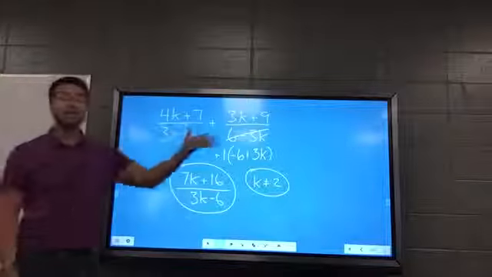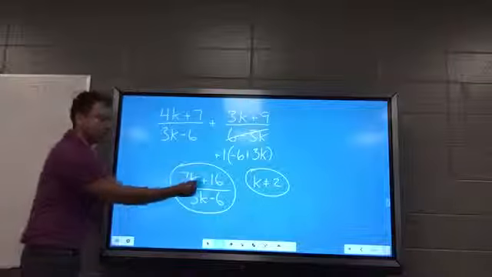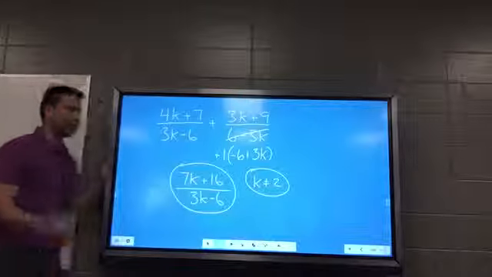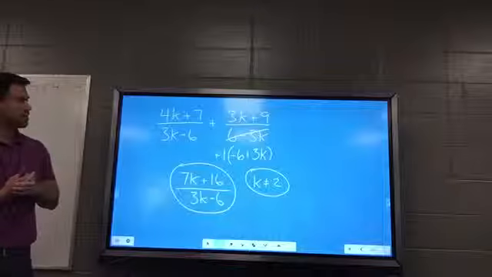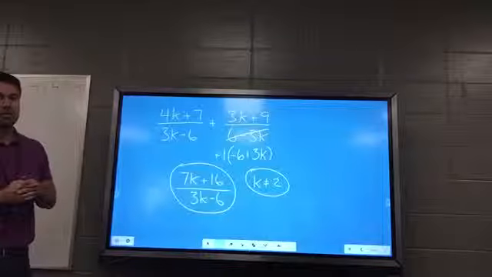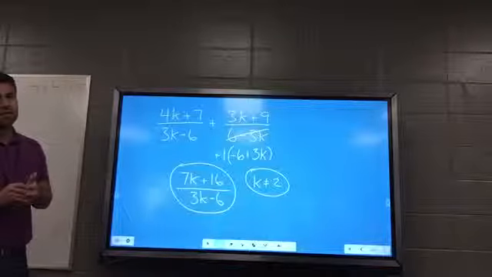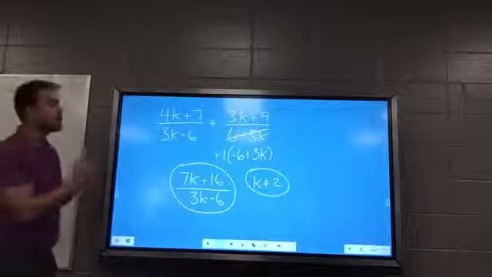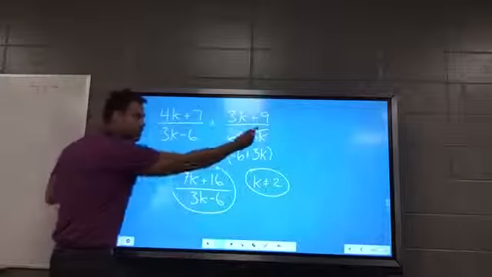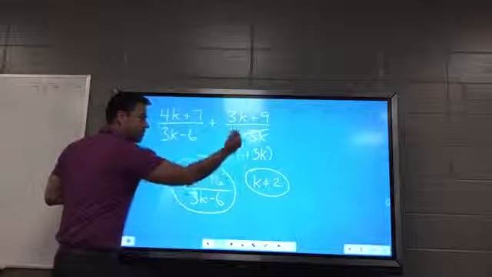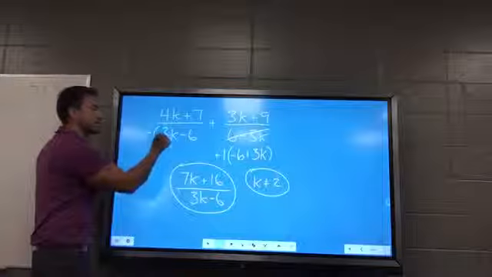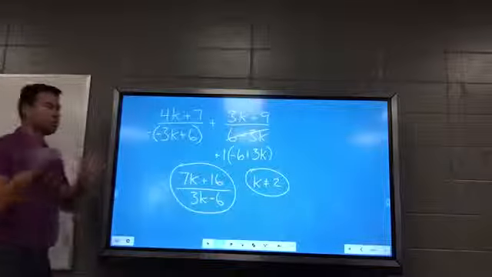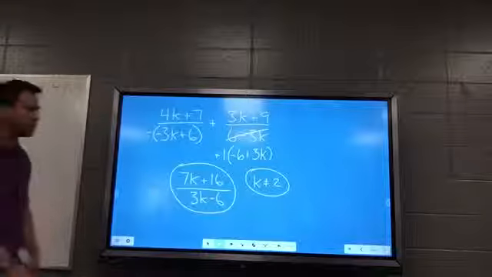You can't do that, because we get this. I thought negative 1 in parentheses negative 6 plus 3K is the same thing as 3K minus 6. Technically, what you could have done was leave this alone and not mess with that, or do it like we did, but that's the only other option. So be careful with that.